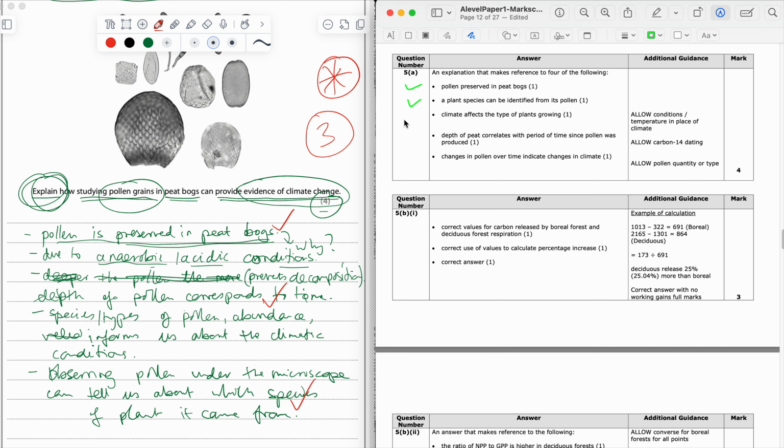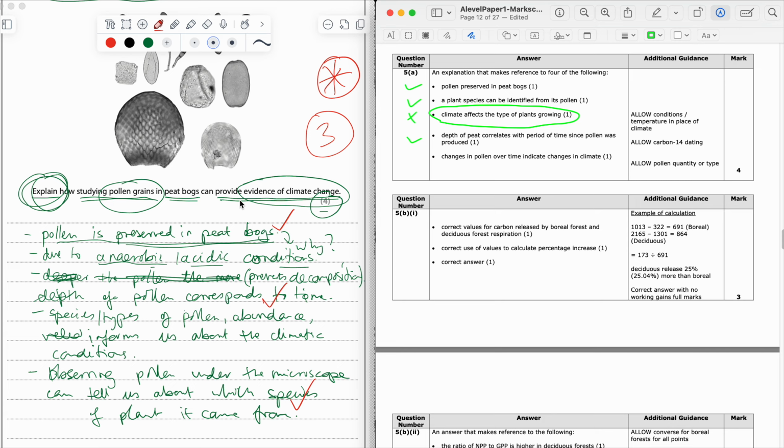Climate affects the type of plants. I think I didn't get that one. The depth of peat correlates with period of time. I believe I got that one. Changes in pollen over time indicate changes in climate. So I think I fell into the trap of just describing how this technique works, looking at analyzing peat bogs.